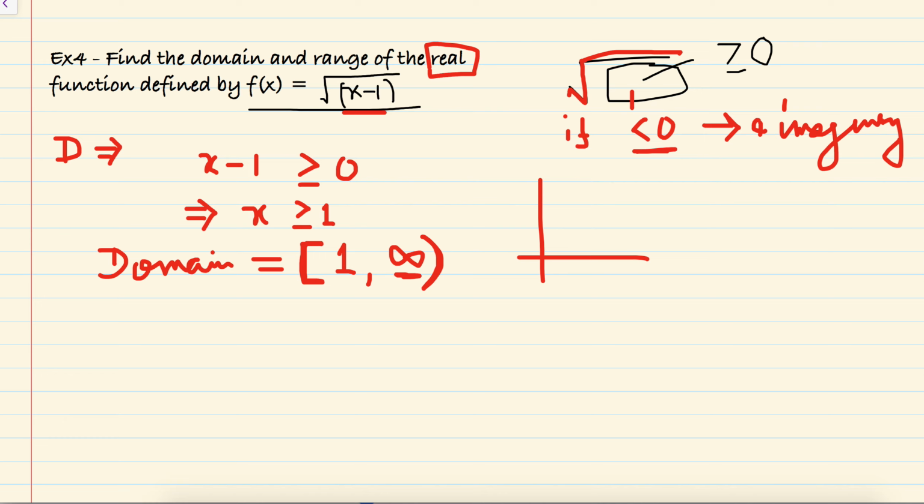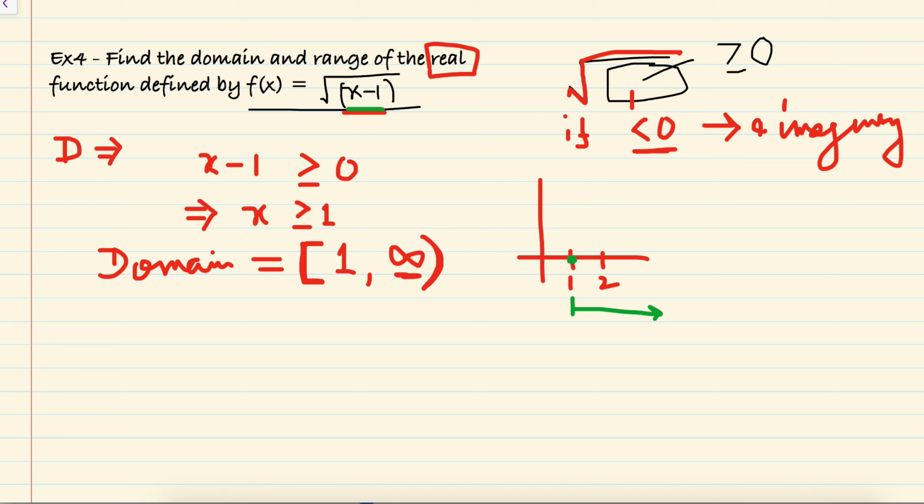So x can take only values from 1 onwards, not this side. So at 1 this will be exactly 0 because 1 minus 1 becomes 0.